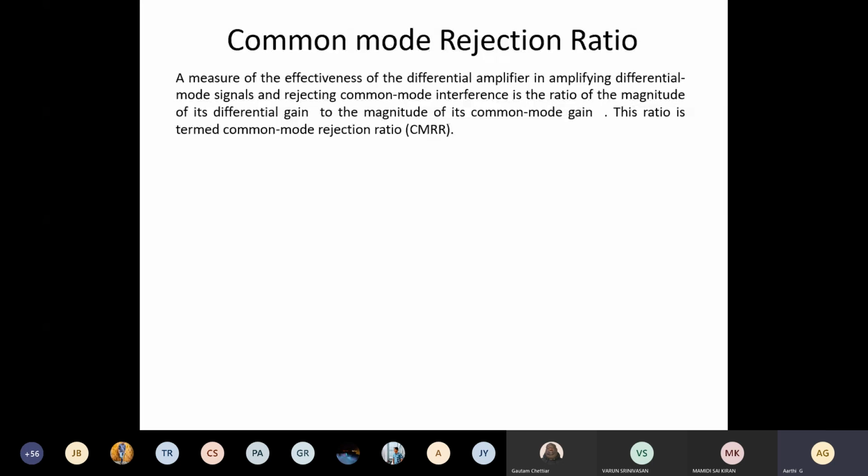It's the figure of merit for any differential amplifier, which indicates the ability to reject interference or common mode signals. It is the measure of effectiveness of the differential amplifier in amplifying differential mode signals and rejecting common mode interference, and it is the ratio of the magnitude of the differential gain to the common mode gain. So we calculate CMRR as differential gain by common mode gain.